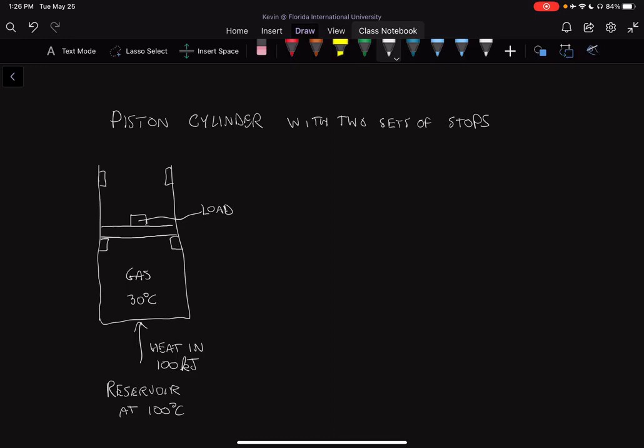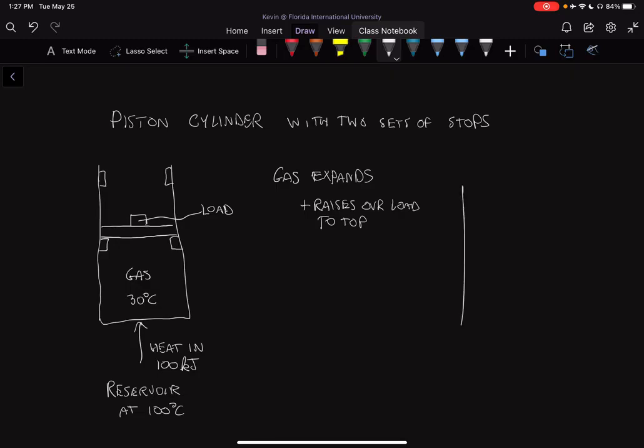We're just going to come up with an example. Now what's going to happen? The gas is going to expand. So we can say that gas expands because of the heat and raises our load to the top.